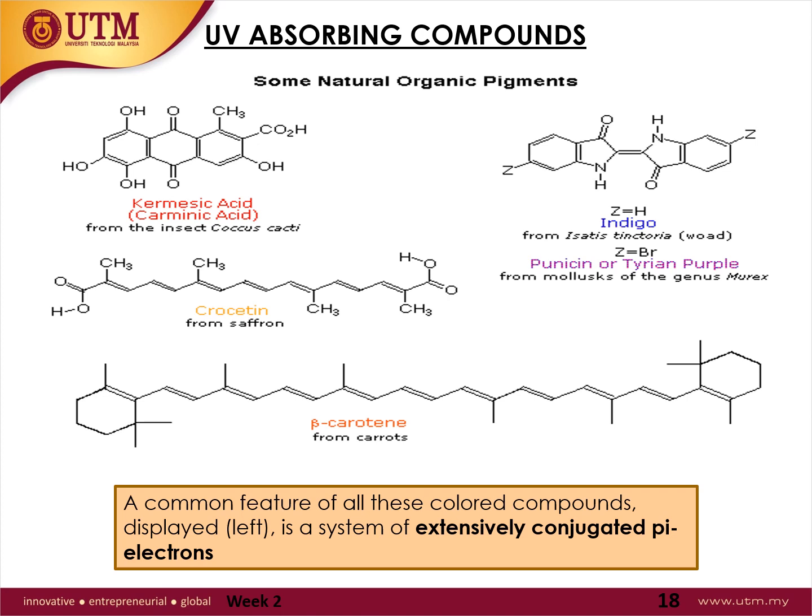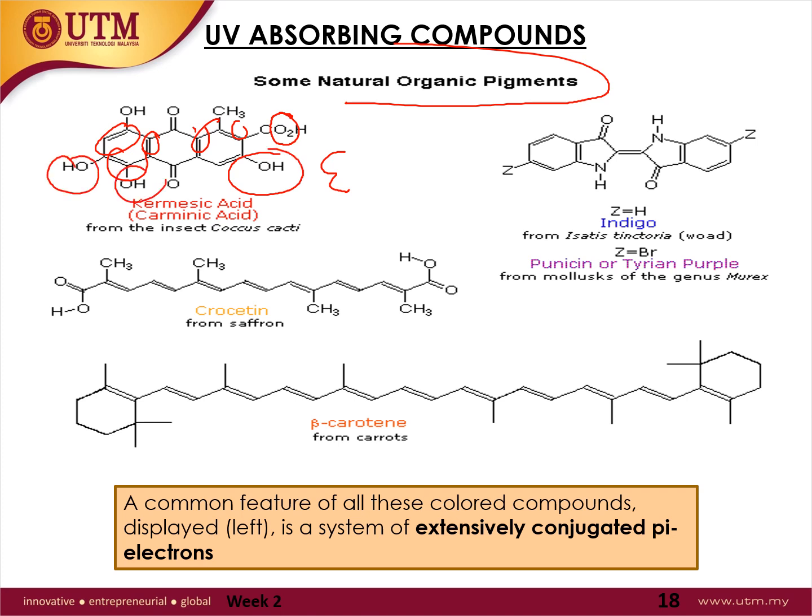These are some examples of natural organic pigments. You can predict how big the value of the epsilon is, because it contains conjugation. Then it contains the carbonyl, okay, and also it contains oxochrome. Okay, apakah oxochrome? I will cover later.